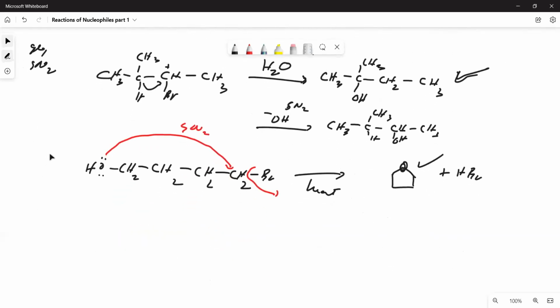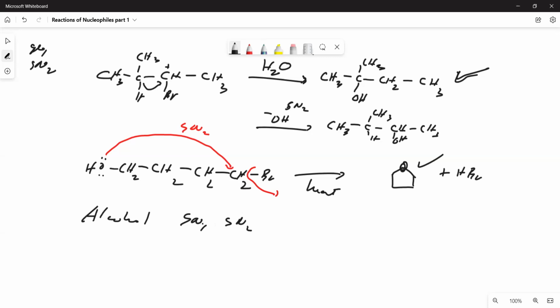So that is for alkyl halides, SN1 and SN2. How about alcohols? Alcohols can also undergo the same mechanisms, SN1 and SN2.